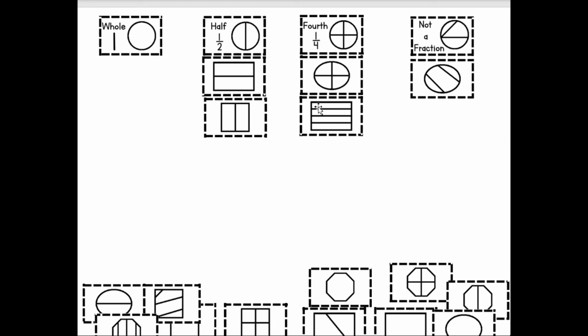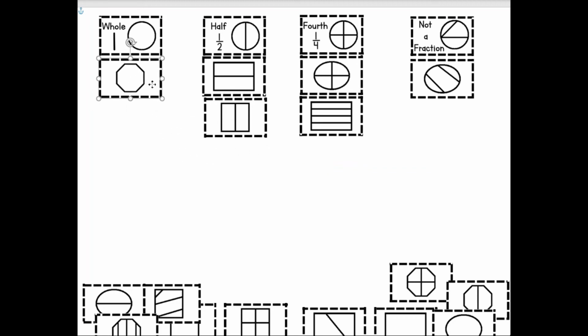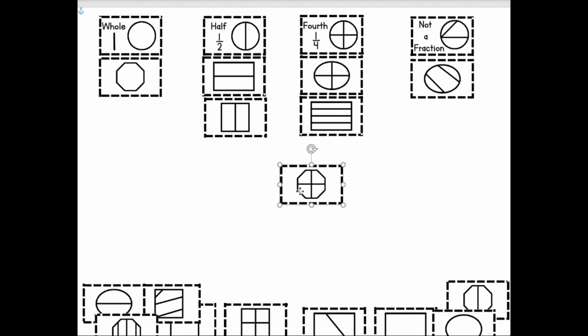That doesn't matter as long as the pieces are equal, which they are. All right, this is showing you a whole piece. So I'm going to put it with the 1 whole. Here is an octagon that is cut into 4 equal pieces. So this is showing you fourths.